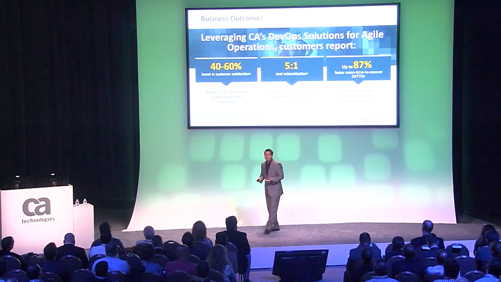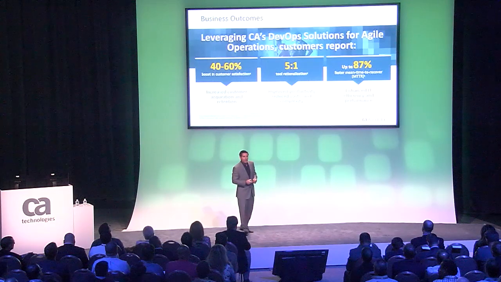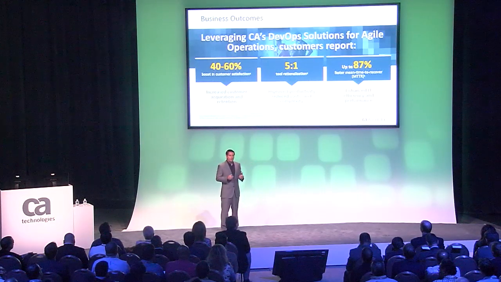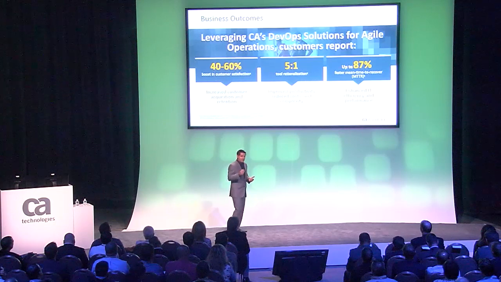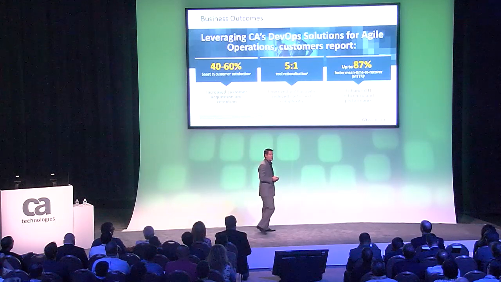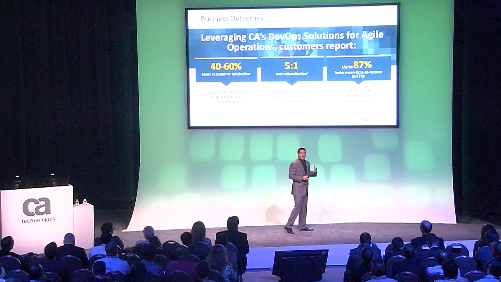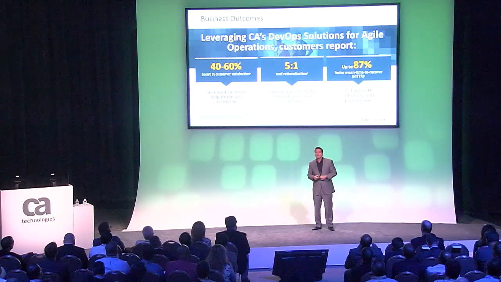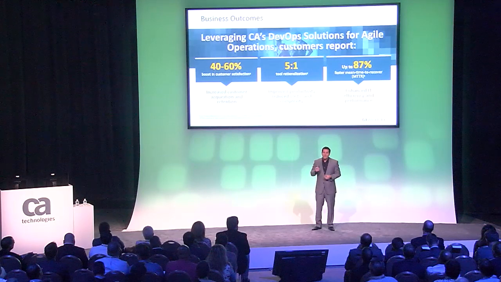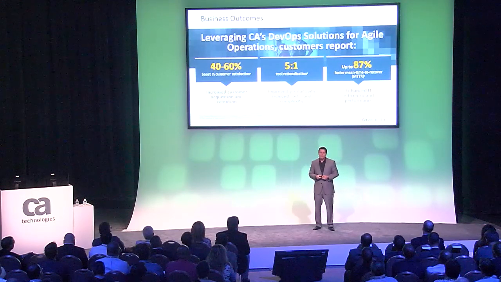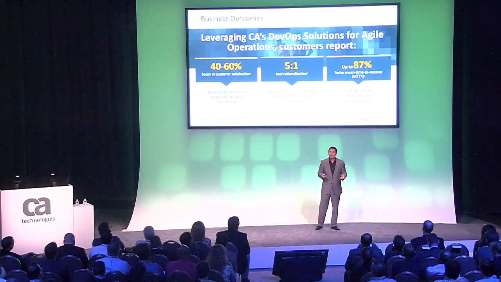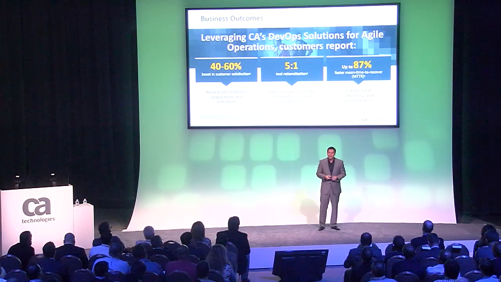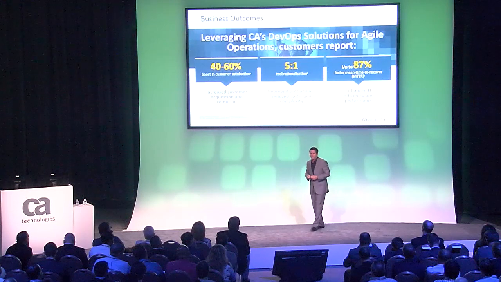Another example is a managed service provider customer who was able to significantly improve their productivity and reduce costs by replacing 5 monitoring tools with our one Unified Infrastructure Management product. And one of our APM customers reduced their mean time to recovery by 87%. So they're a lot more efficient and seeing far better performance.